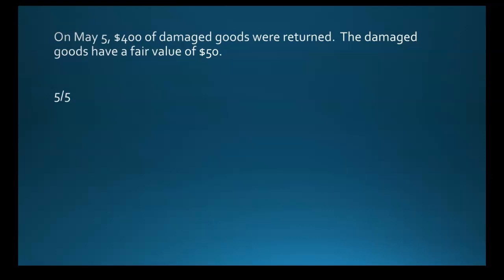So we want to decrease accounts payable by $400 and decrease inventory by $400. So we debit accounts payable and we credit inventory for those $400 amounts. This fair value of $50, that's what the seller can then get for this damaged inventory that they are getting back. So the buyer does not care about that fair value, so we can skip that in our journal entries.